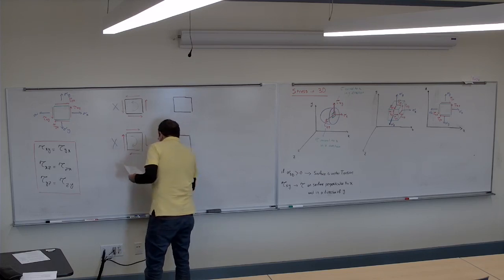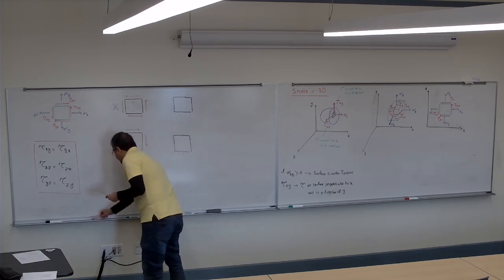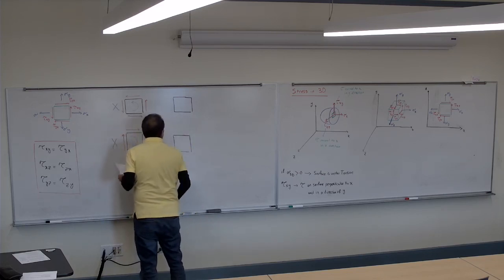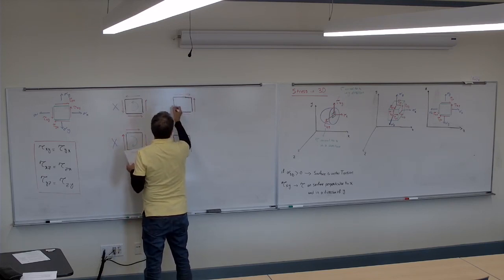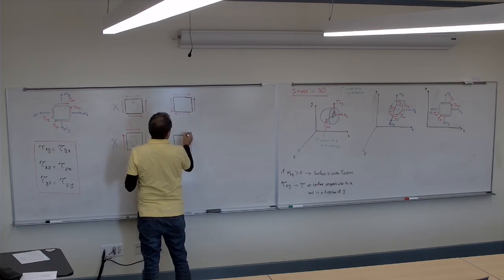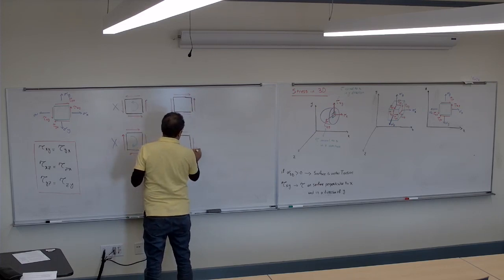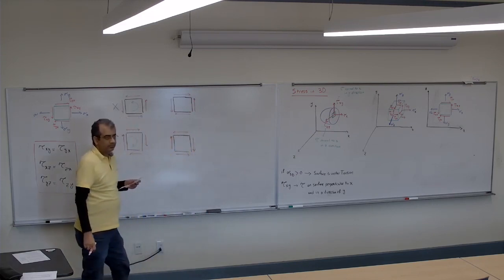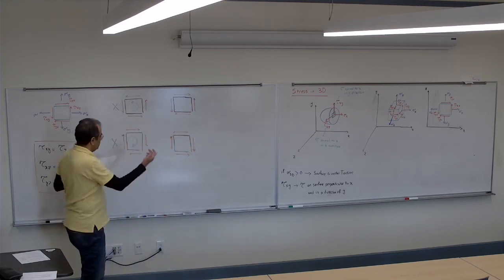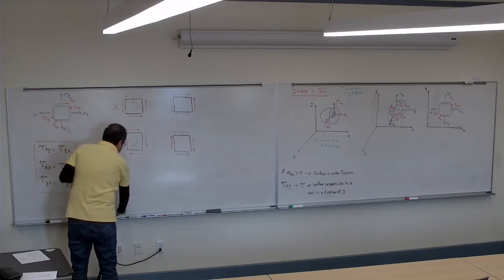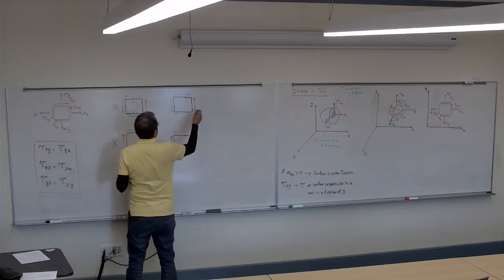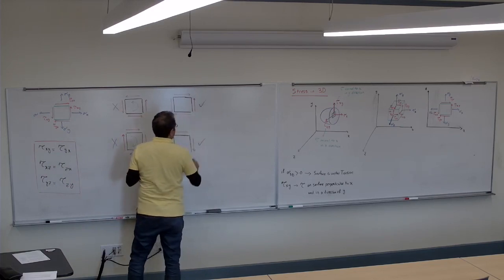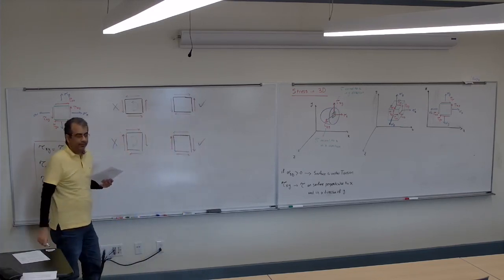The only way it's gonna work: either I should have my shear coming like this, or coming like this. Those are the only two ways. If it's gonna be one of these two, it's not good. So this is okay, this is okay. Agree?